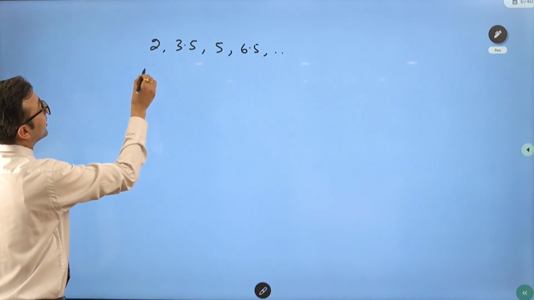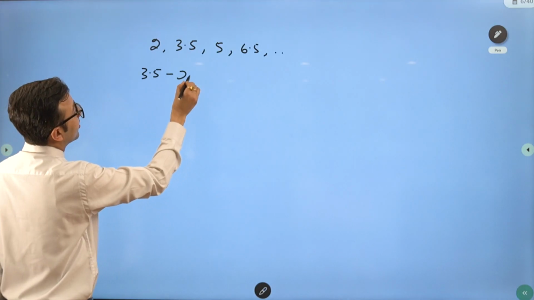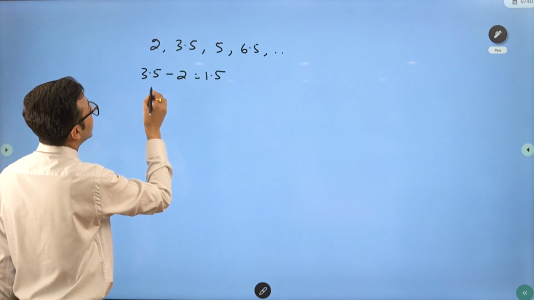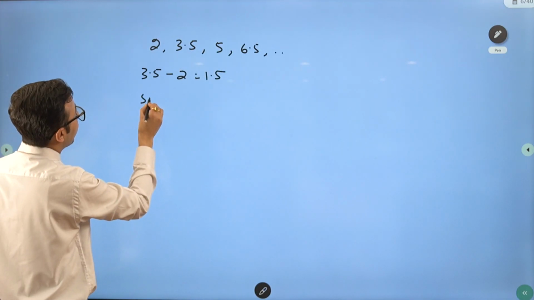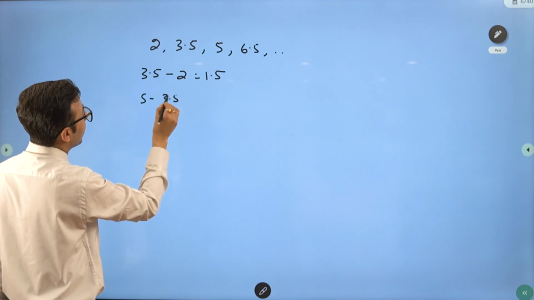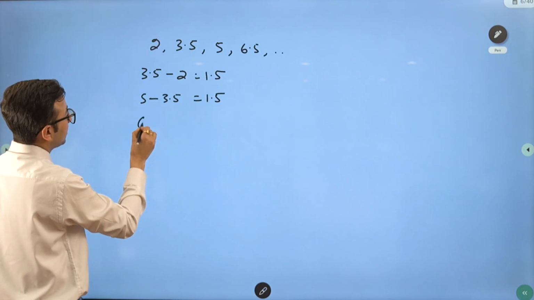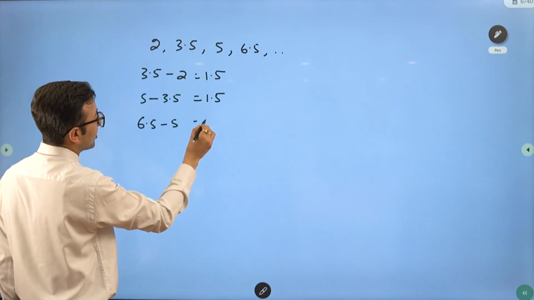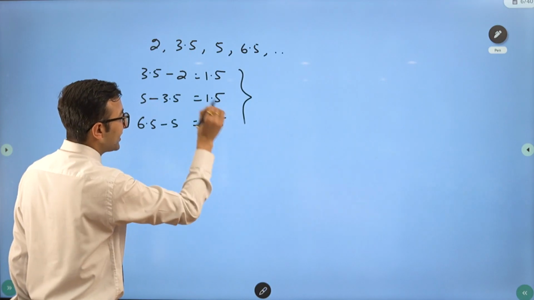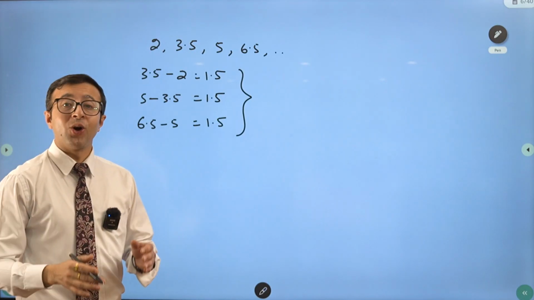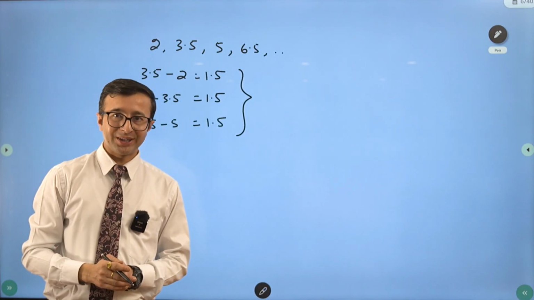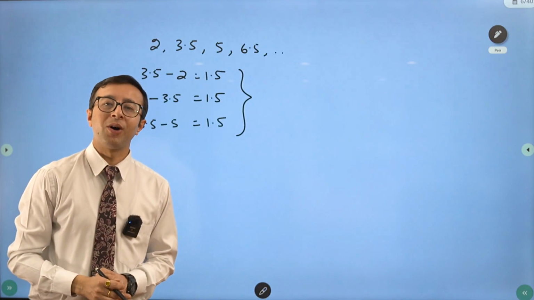Just check it: 3.5 minus 2 gives us 1.5. And next, 5 minus 3.5 is also 1.5. And 6.5 minus 5 is also equal to 1.5. It means that a fraction or rational number is also a possible value of the common difference.